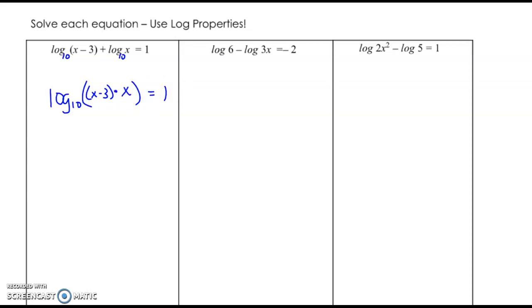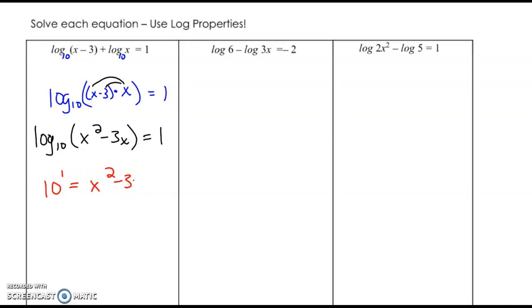So x minus 3 times x. So if I want to rewrite that and simplify that there, so log base 10 of x squared minus 3x, if I distribute my x, equals 1. So then I can put this back into exponential form. 10 to the first equals x squared minus 3x.